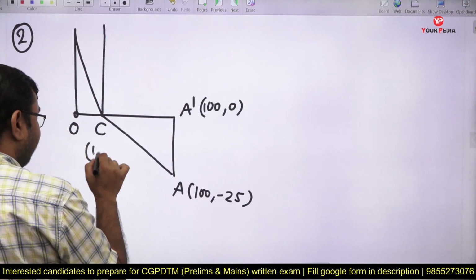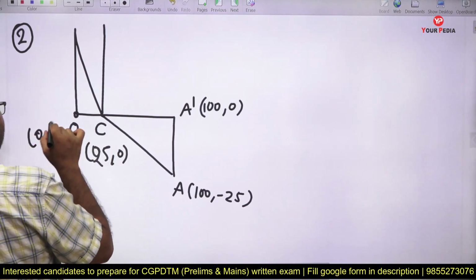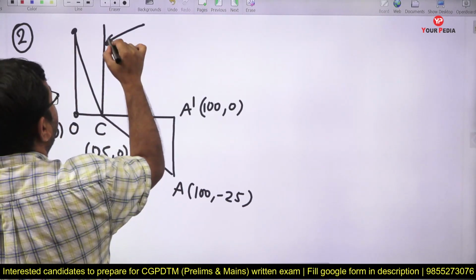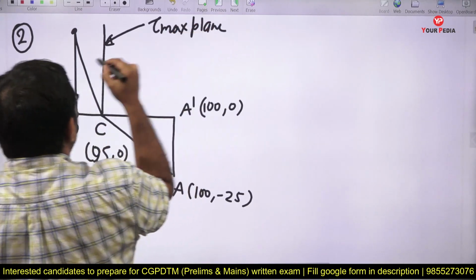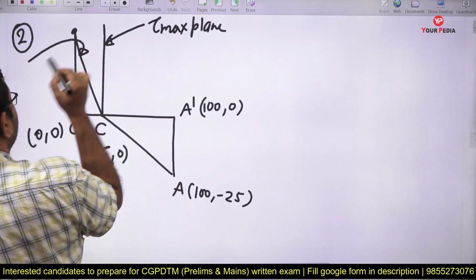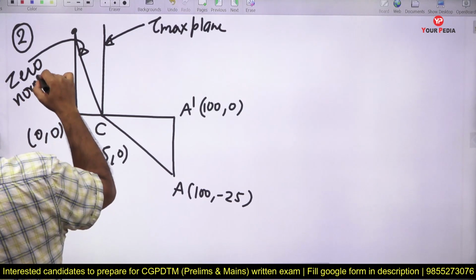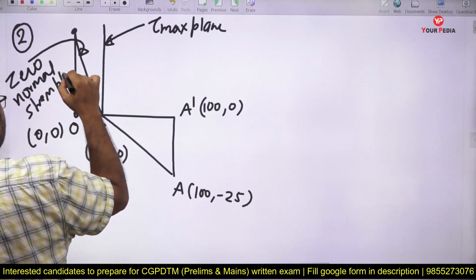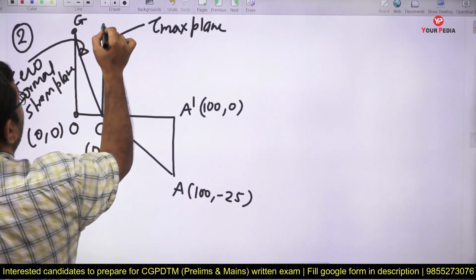Yes or no? Center coordinate is 25 comma 0, and origin coordinates are 0 comma 0. Yes or no? Correct? This is the tau max plane. This is the tau max plane. Yes or no? And this plane is the 0 normal stress plane. And this point is G and this point is F.